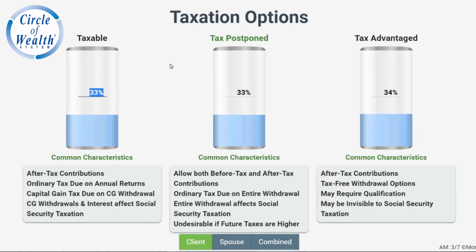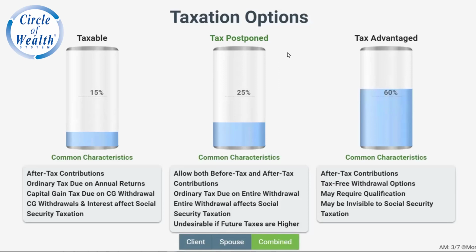So say the client says, I want 10% sitting over here, and I'll do 20% there, and it leaves 70%. Then you click on the spouse, and the spouse says, I want a little bit more liquidity, something around there. And then you go to a combined picture, and it'll marry the two together.